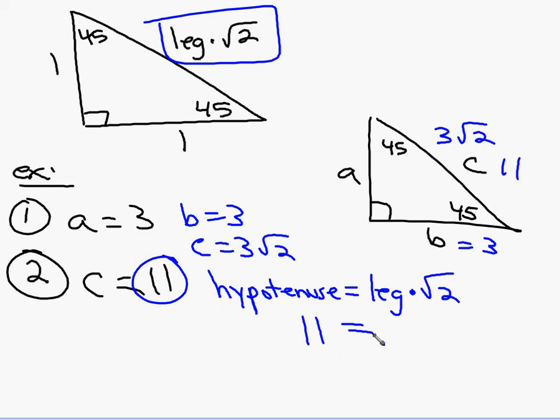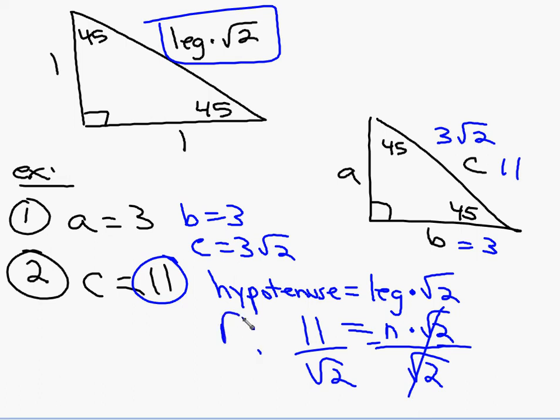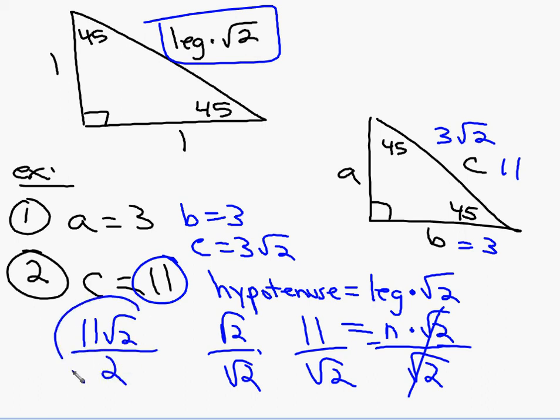I'll put an n there. n times radical 2, and then solve. So you're going to divide both sides by radical 2, and then rationalize, and you're done. 11 radical 2 over 2 would be both legs, right? This would be both A and B. And we're going to stop there for today.